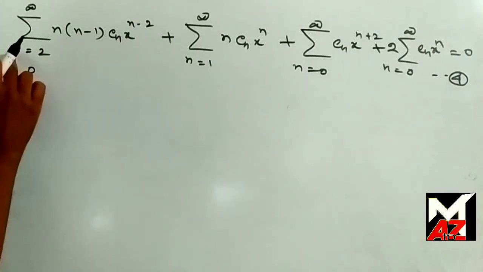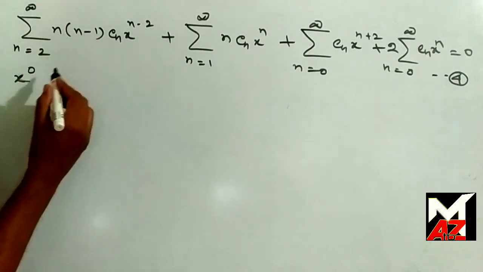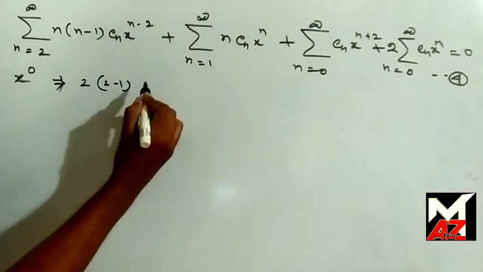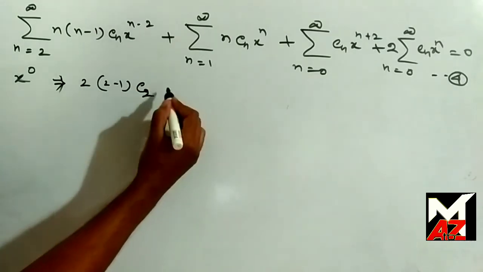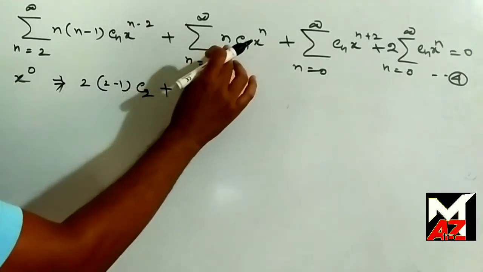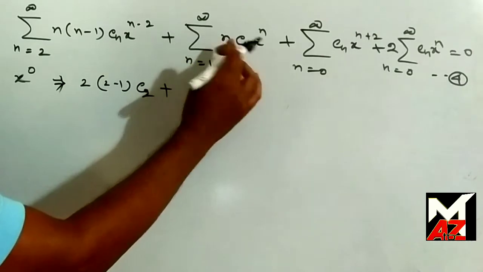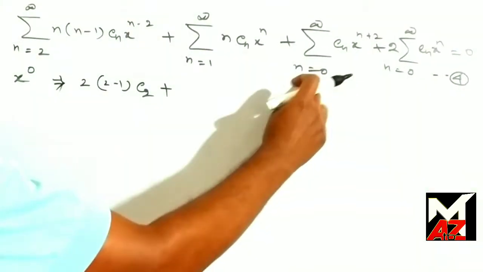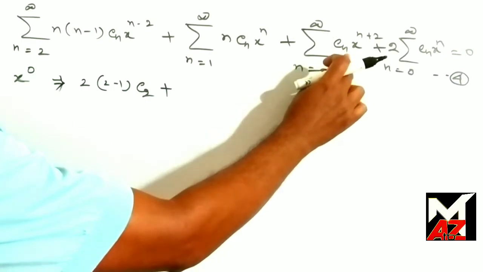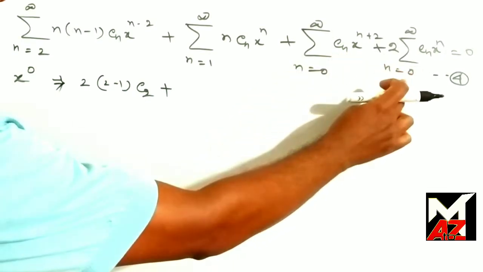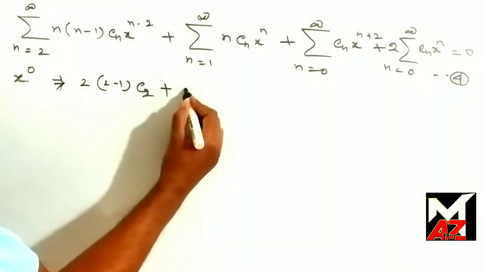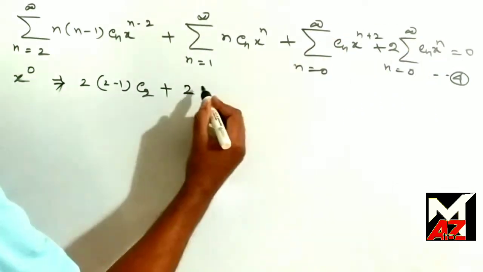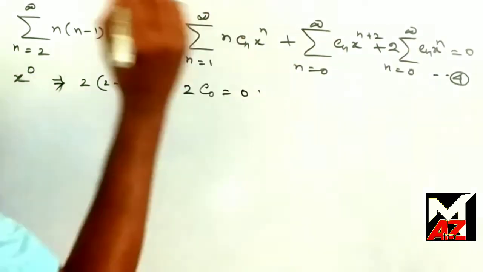If we take n equal to 2, then the coefficient is 2 into 2 minus 1 into C2, plus, in the second sum there is no x to the power 0, and in the third also not x to the power 0, and here in the last we get x to the power 0, that is 2 into C0, equal to 0.